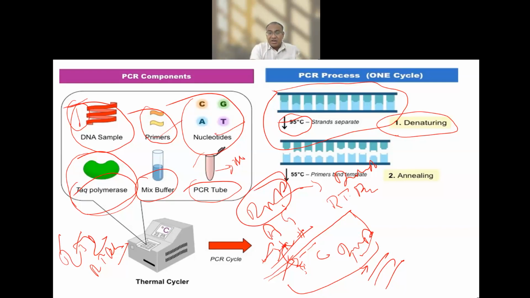So this is what I call a thermal cycler. Whatever samples I am going to put here, with the help of liquids, the PCR tube is placed in this thermal cycler, which will increase the temperature to 95 degrees.